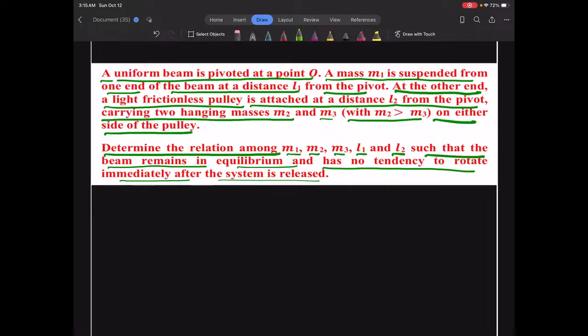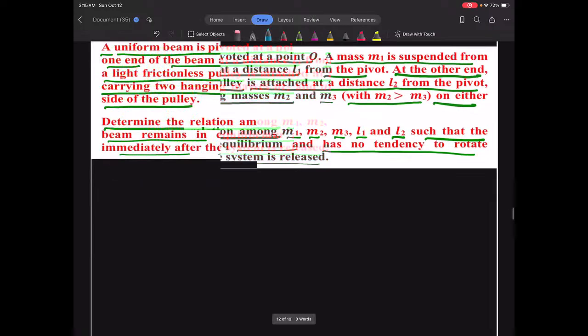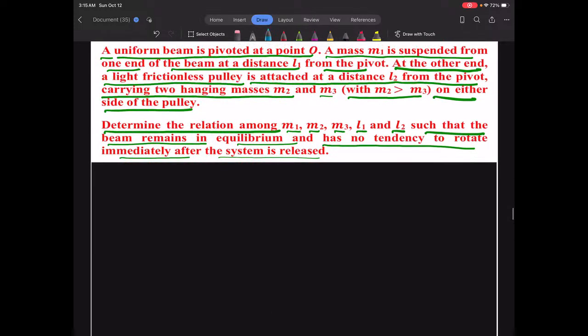Okay. So this is basically a rotation, but it is rotation in equilibrium. So the entire system is in equilibrium. First of all, we are going to draw an approximate figure. So this is our beam, and there is a pivot point.